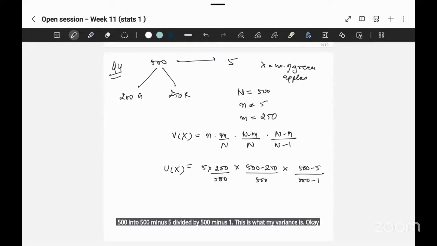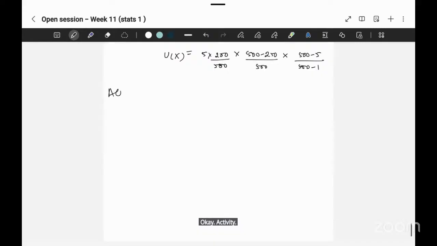Okay, let's see the other one. Activity question 11.8, question number 5.